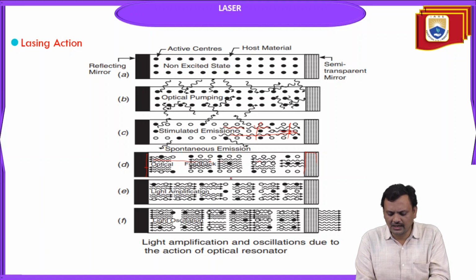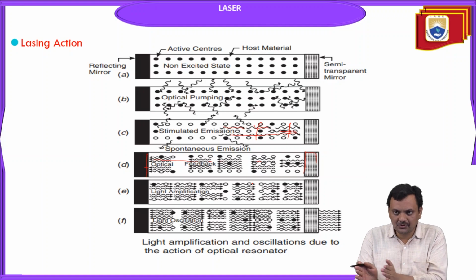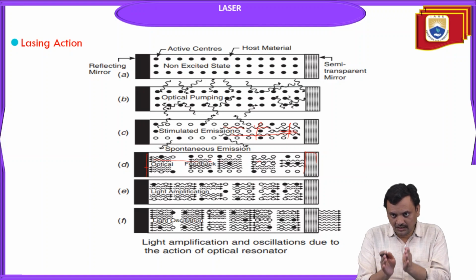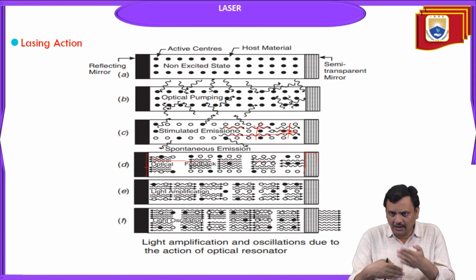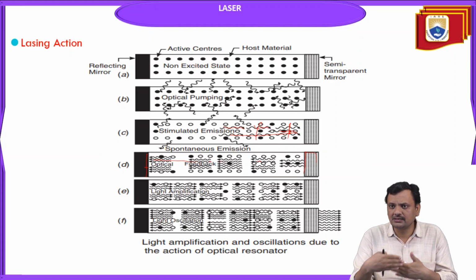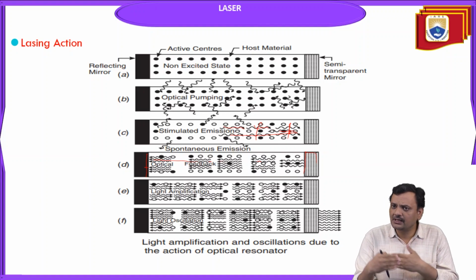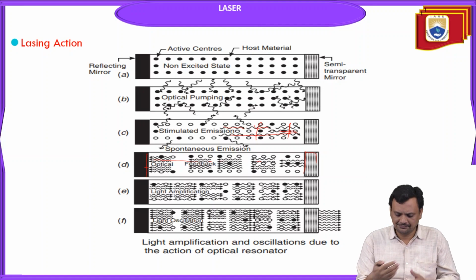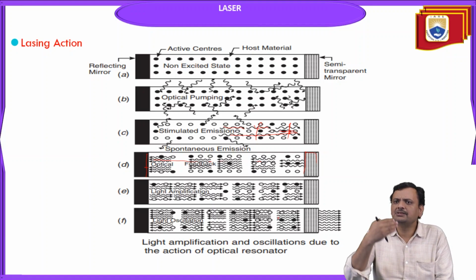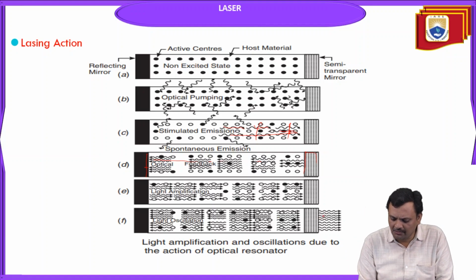So see here, while traveling back and forth inside the medium, they rapidly increase their number. Once their number reaches a certain level, they come out from this end. Why? Because this is the partially reflecting end.